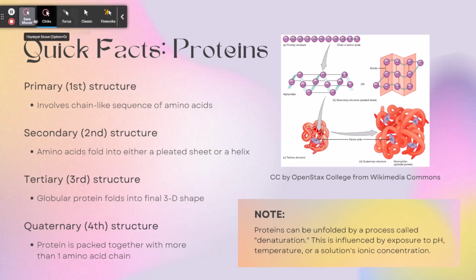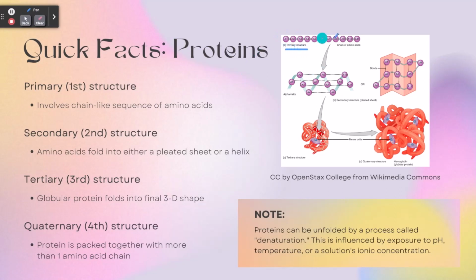So if we take a look at the picture here, the primary structure looks like a chain. With the secondary structure, it can fold into either a pleated-like sheet like this, or it can fold into a helical shape here. It looks like a squiggly line.